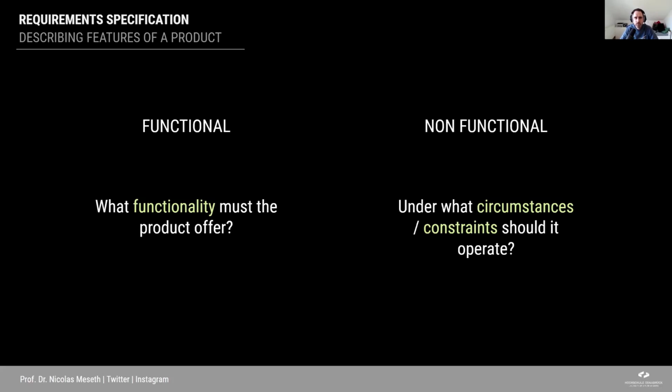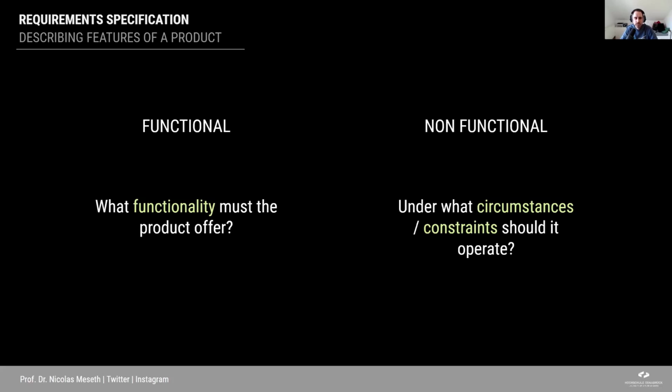And we will learn here a different approach to developing products, especially when we develop new products and we have uncertainty about what the product will look like in the end. So first of all, what is it that we describe about a product? And we distinguish, especially in IT, between so-called functional requirements and non-functional requirements.